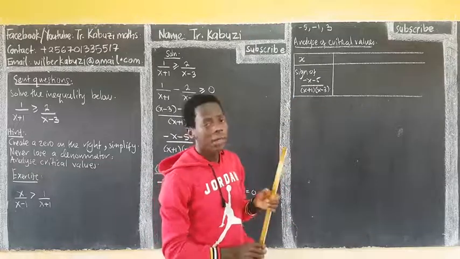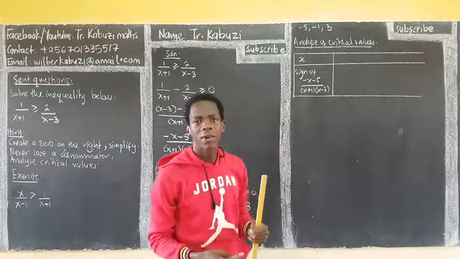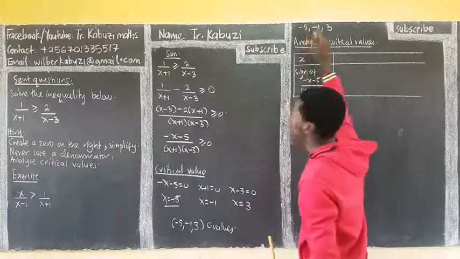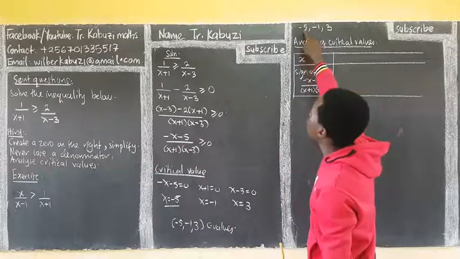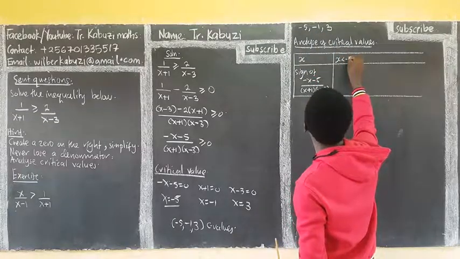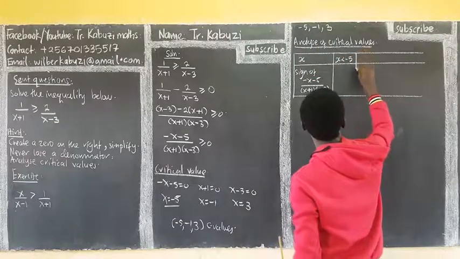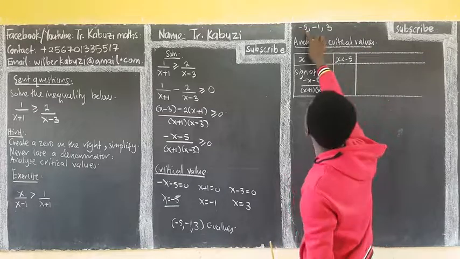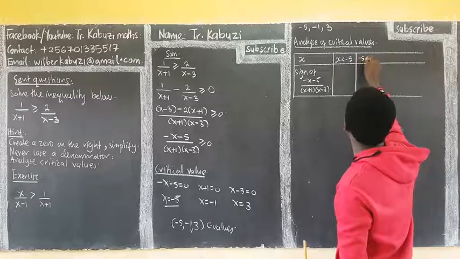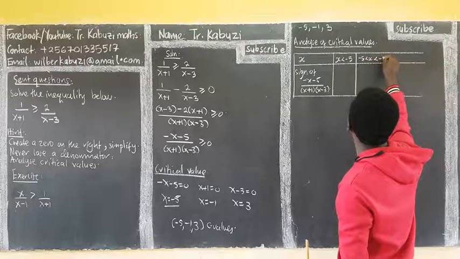So I draw columns. But how am I getting these columns? How do I know there are 4 columns? We analyze below the smallest. So you analyze the x values below the smallest. So you get x below negative 5. That is the first column. Then between this and this, so you get between negative 5 less than x less than negative 1.